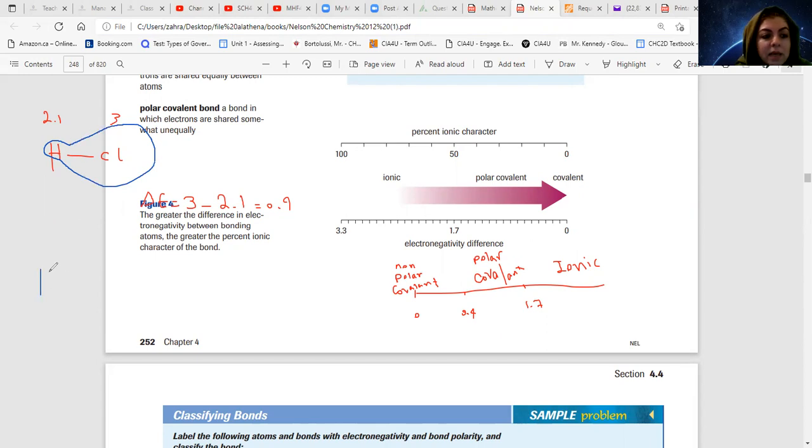That's why in HCl, Cl gets a partial negative charge and H becomes partial positive. This acts like a magnet. We show the vector from positive to negative. So this vector shows it is polar, and the direction of that polarity is from positive to negative.